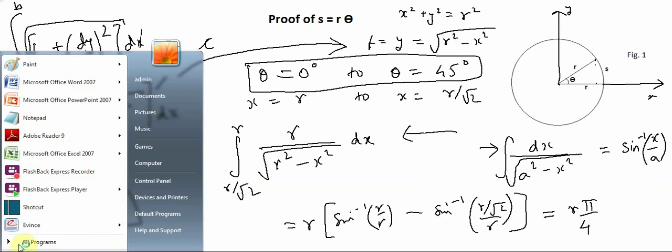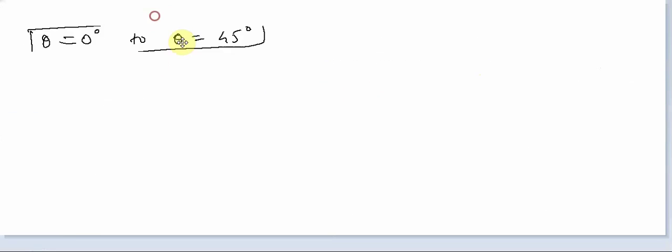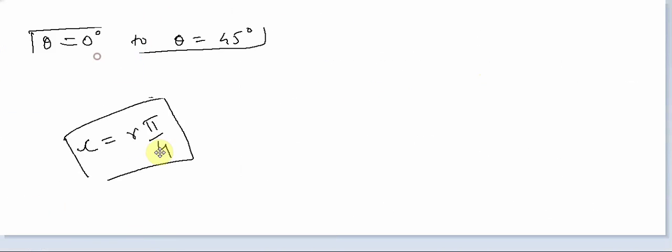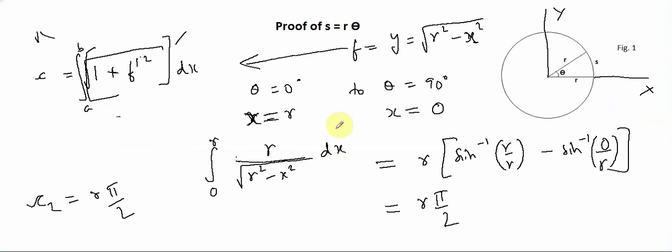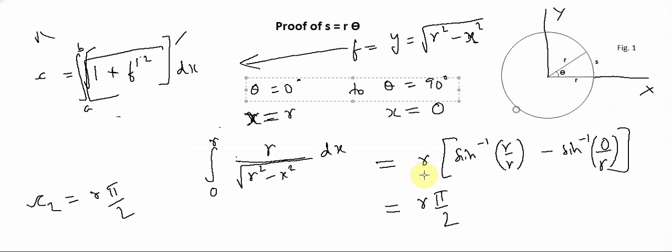So what do we have here? When we took theta equal to 0 to 45 degrees, our arc length was this, and when we took theta equal to 0 to 90 degrees, our arc length turned out to be this.